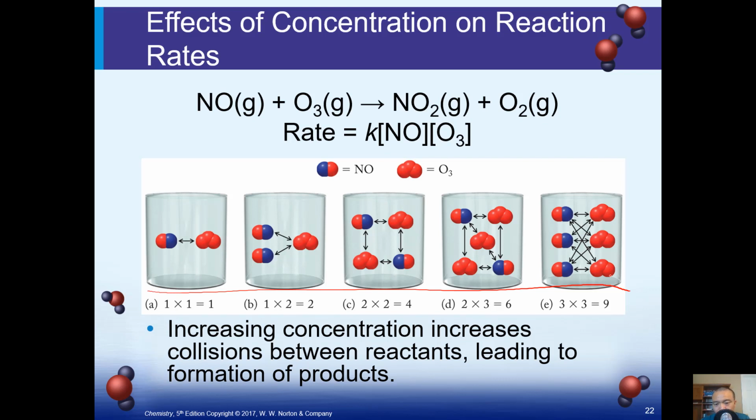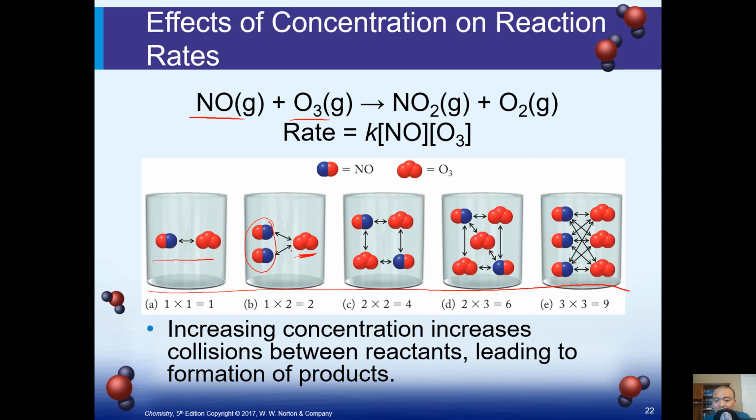For a reaction to occur, there must be a collision between the reacting species, NO and O3. In the first flask, the rate depends on the collision as indicated over here. Moving to the second flask, the concentration of NO is doubled. So the probability of collision between NO and O3 molecules also doubles.